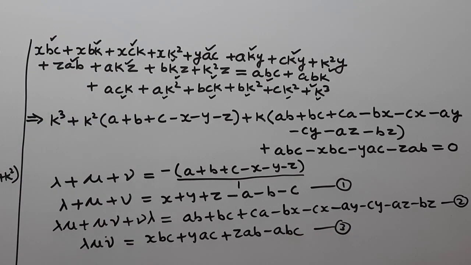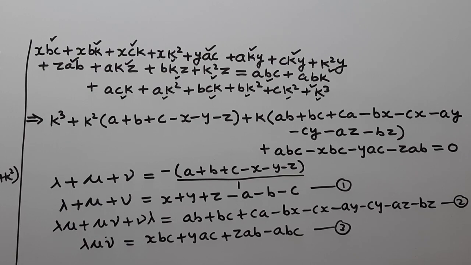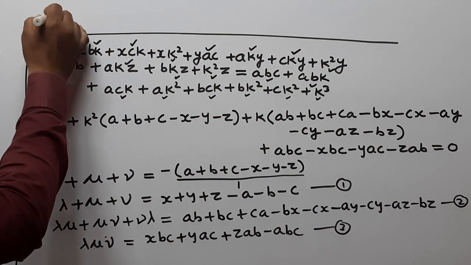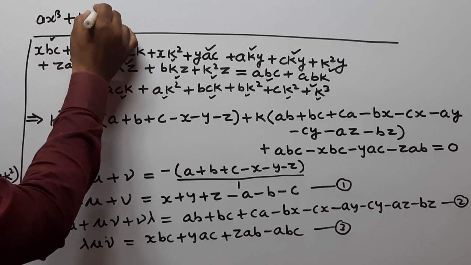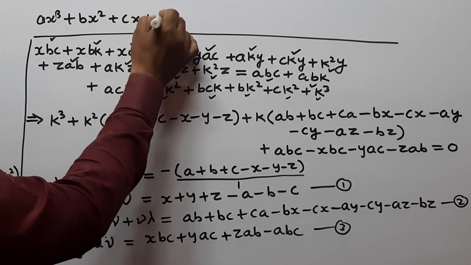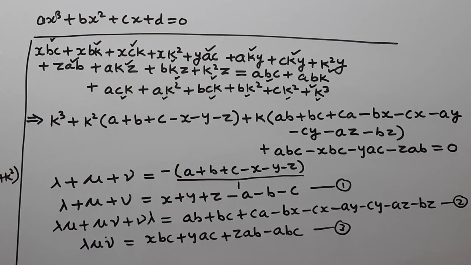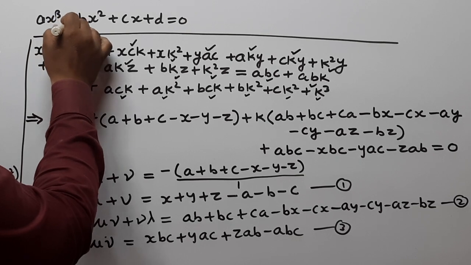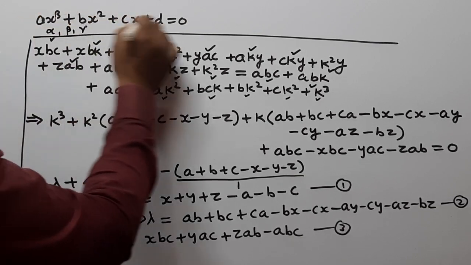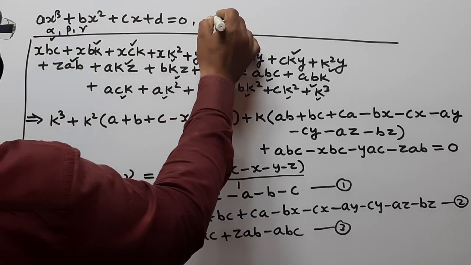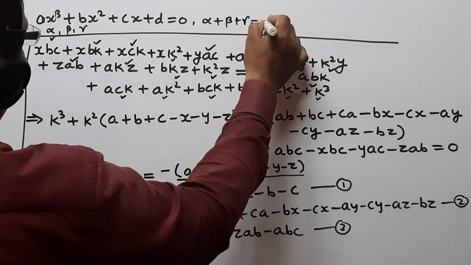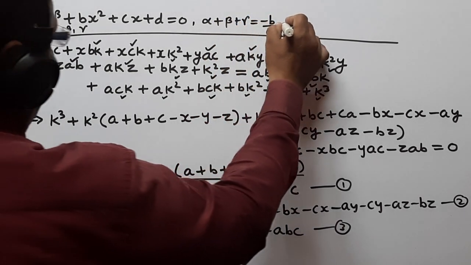We write here the formula. If ax cube plus bx square plus cx plus d is equal to 0 is the cubic equation, and alpha, beta, gamma are the roots of this cubic equation, then we can find alpha plus beta plus gamma by the formula minus b upon a.